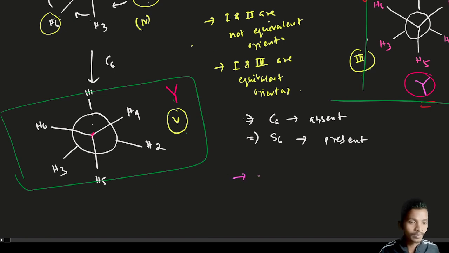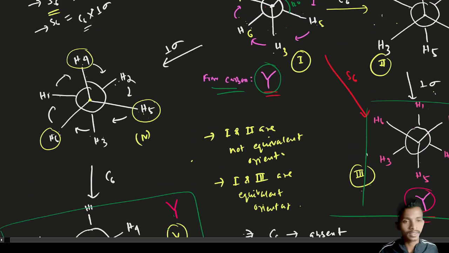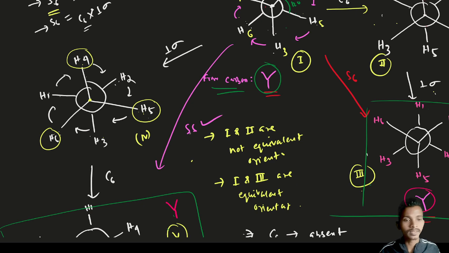Equivalent means S6 is present. S6 is present because sigma followed by rotations is H6. This is H6. S6 is present.